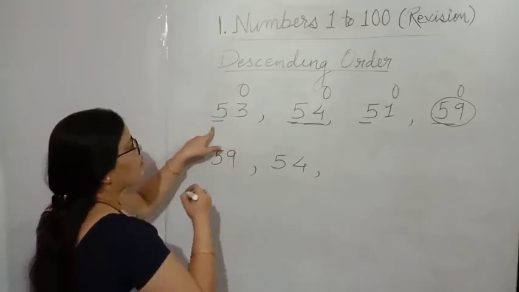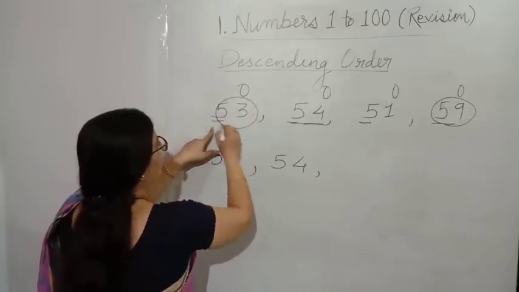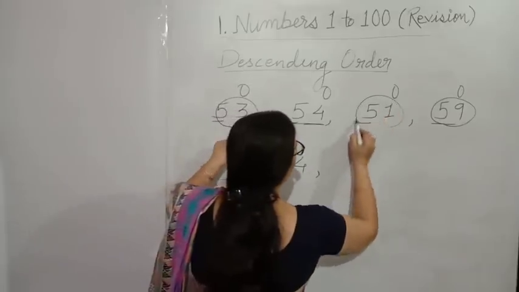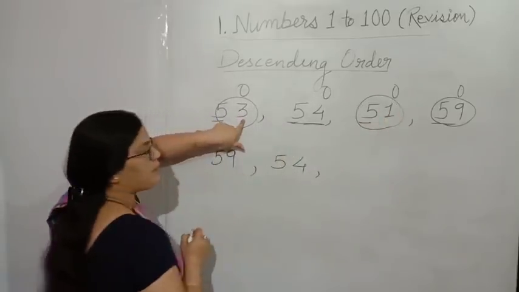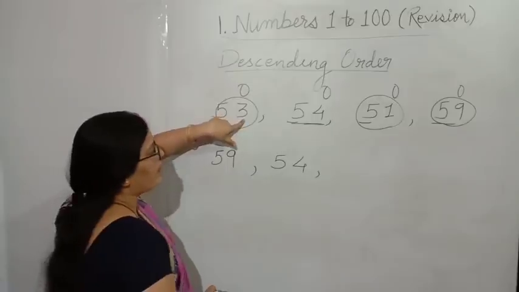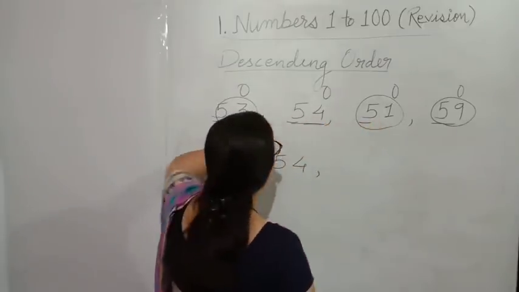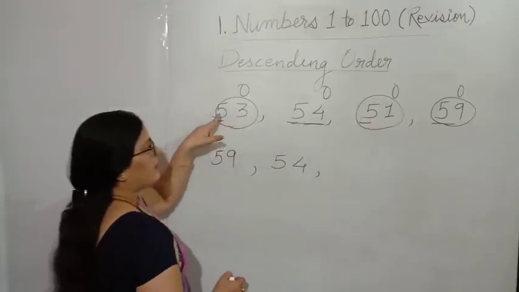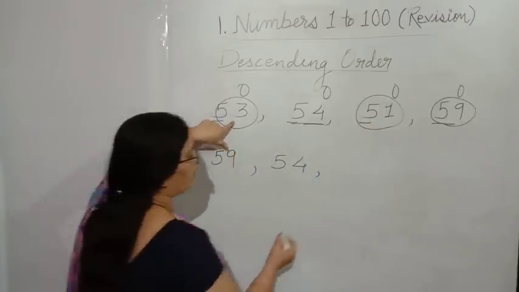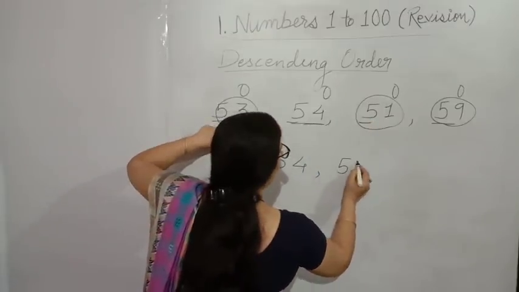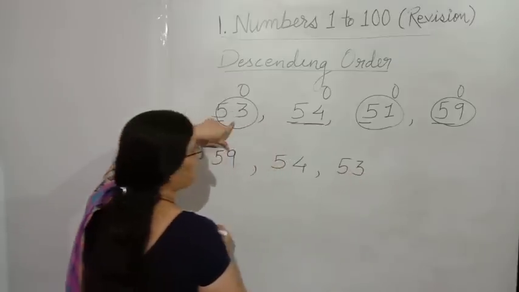Now two numbers are left: 53 and 51. What is at ones place here? 3. And what is at ones place in this number? 1. So which one is bigger? 53, so write 53.